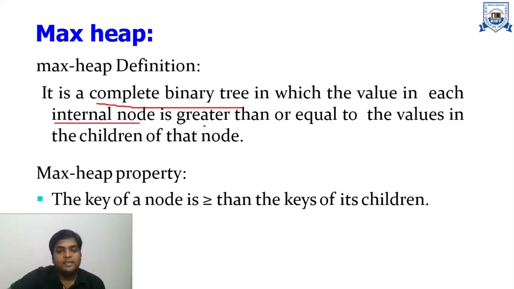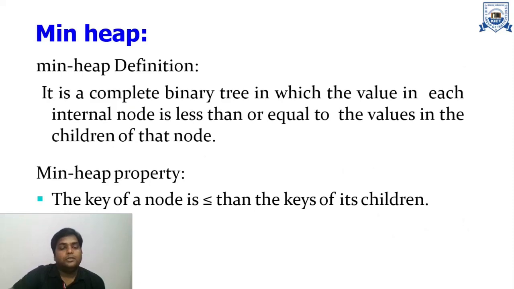So the root node of a maximum heap is the highest node, because all the children of the root node are less than the root node. The max heap property is that the key of a node is greater than or equal to the key of its children.